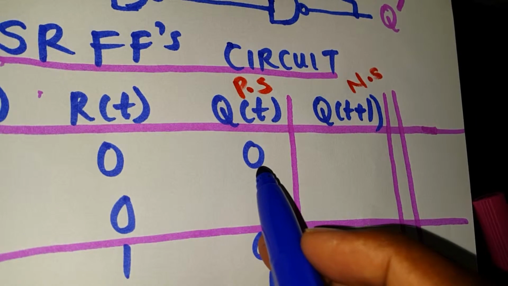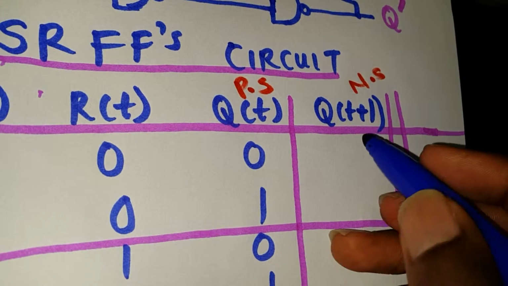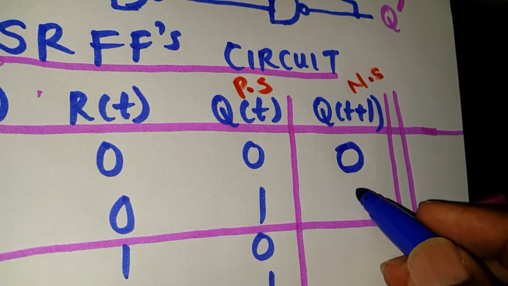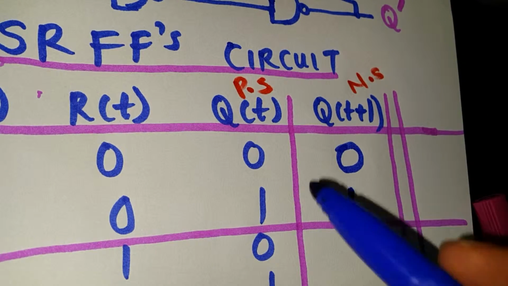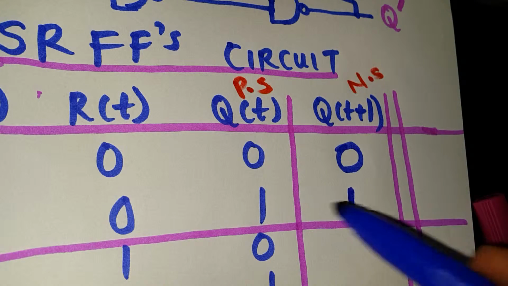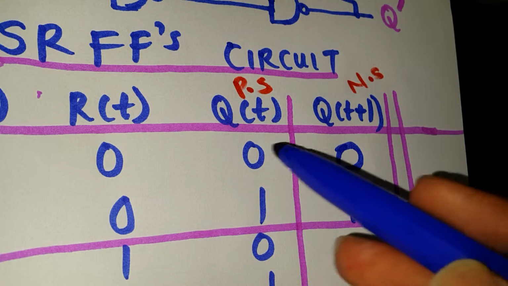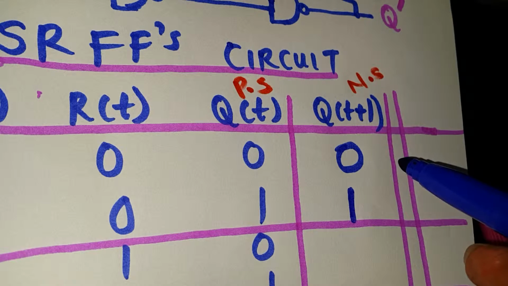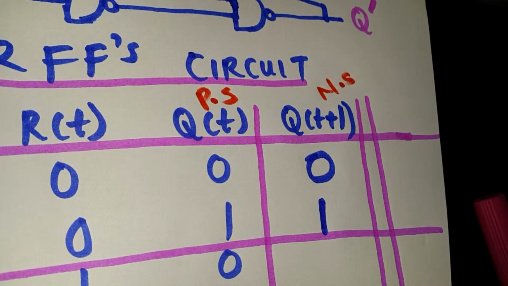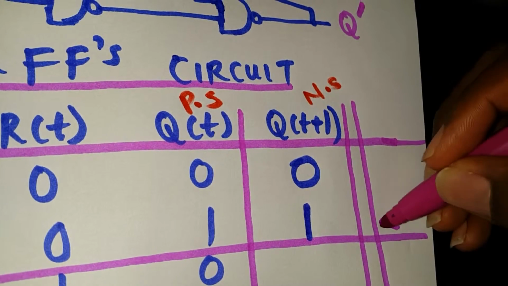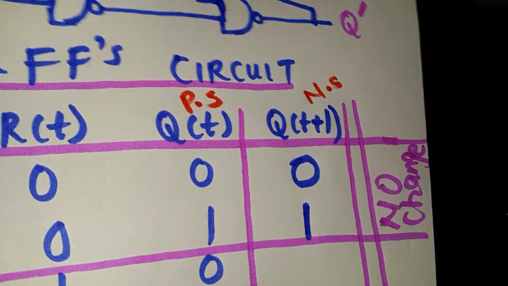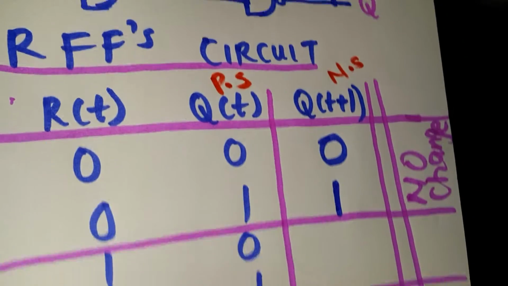Here it is 0, the next state will also be 0. Present state is 1, next state will be 1. So in this block, the copy of the present state is the next state. So there's no change, and here we can write no change.